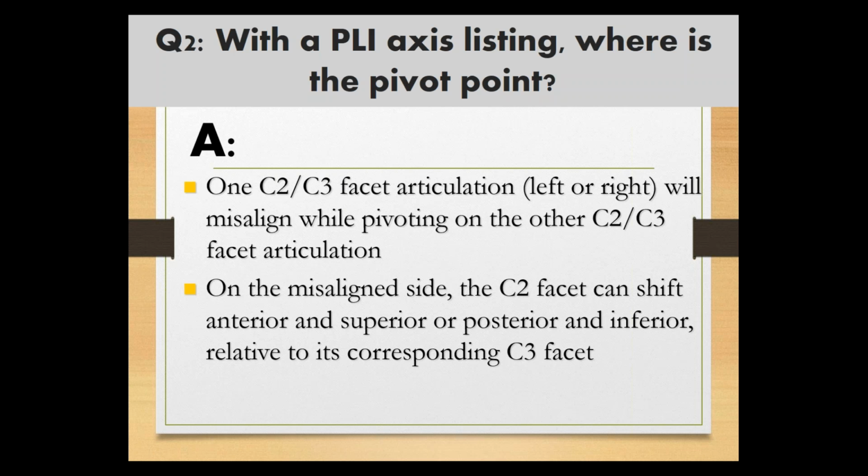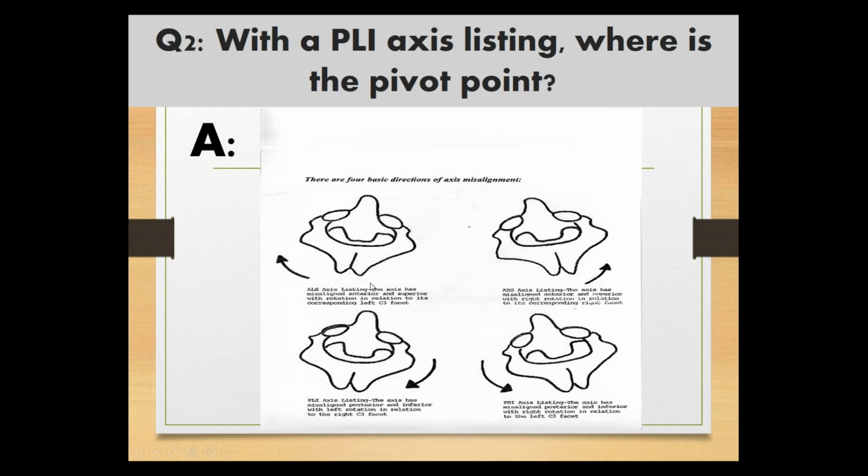So if you have, say, an anterior axis, an ARS, well, then it's going to be sliding anterior and superior on the right side, but then it'll be pivoting on the left. And in the opposite of that, if it's a PRI, then the spinous process is rotating to the right. So to get there, it's going to have to slide on that C2, C3 facet, and it's going to pivot on the right side. So you just want to kind of get that into your understanding.